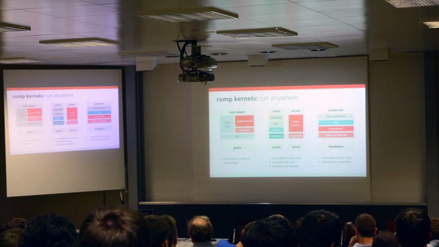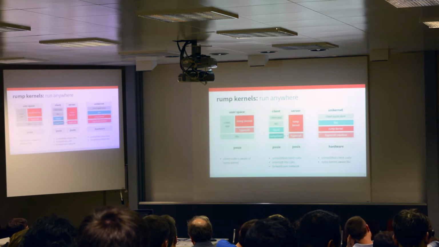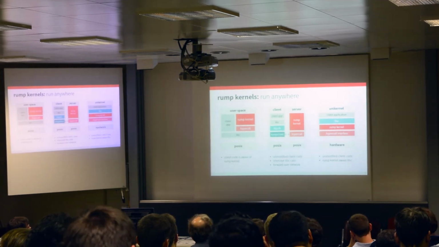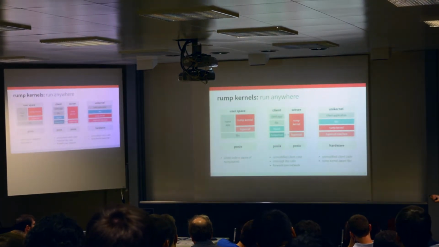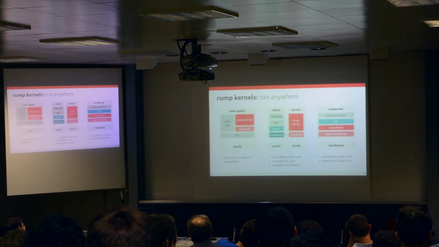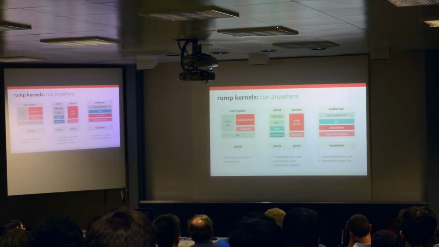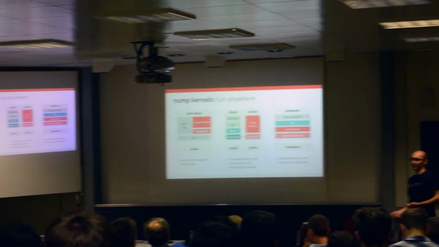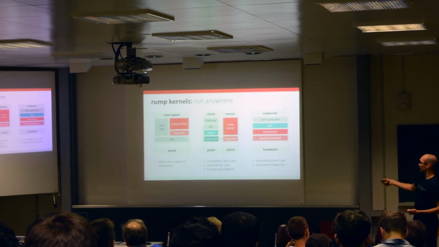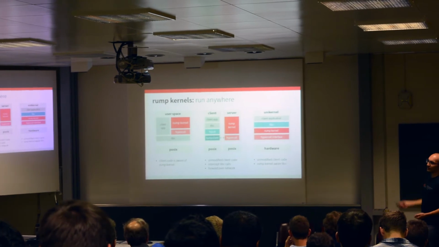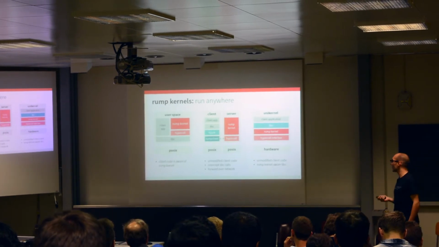So the client application, again, doesn't know that it is running on a Rump kernel, but really in this case there's not much else running besides the application and the Rump kernel. So this is why it's called a unikernel. There's only one application. This allows you to take existing Unix software. If it doesn't do anything too fancy, like processes or virtual memory, you can just take it, bake it into this application, and run it directly on hardware or on your favorite virtual machine.